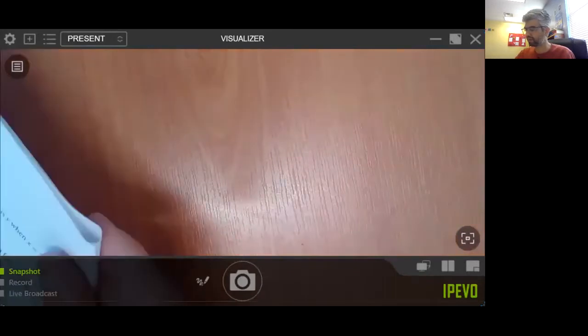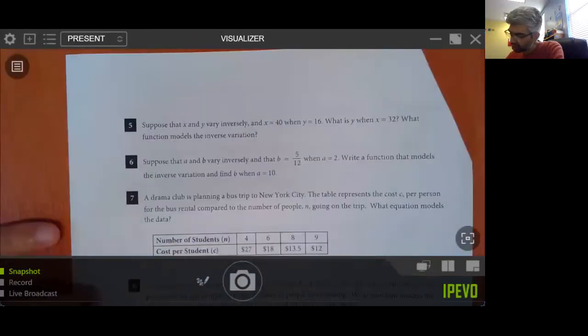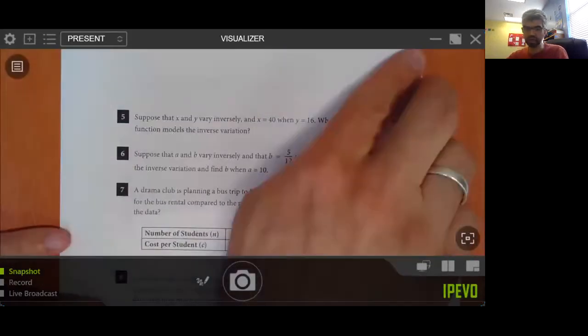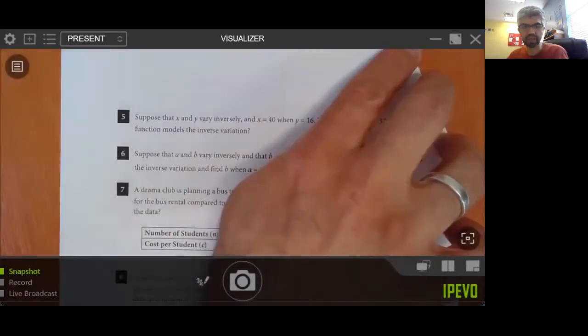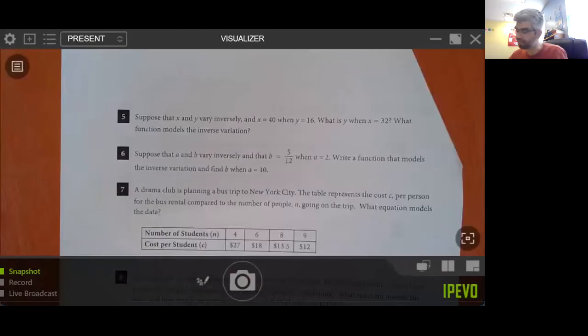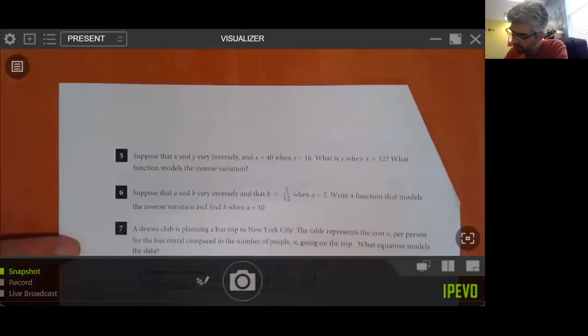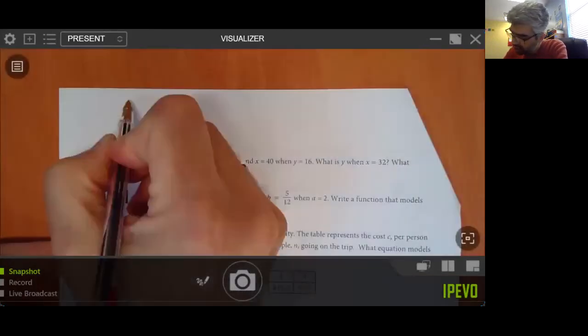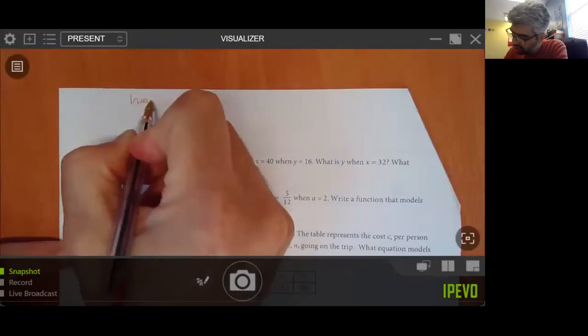Number 5. Suppose that x and y vary inversely. All right, so we have inverse variation also. And what was it, guys? Let's remember. Inverse.